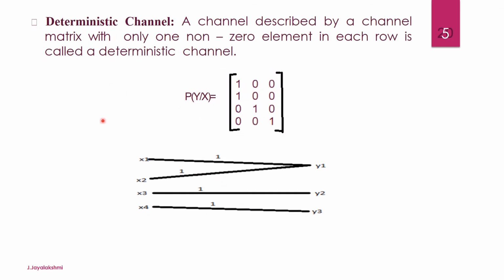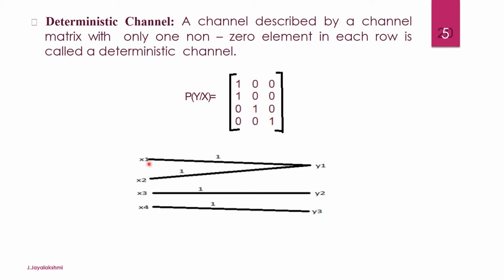Next, coming to the deterministic channel. Here, the channel is described by a channel matrix with only one non-zero element in each row. Then it is called a deterministic channel. You can see that the channel matrix is formed and in each and every row there is only one element present, and the probability is taken as 1.